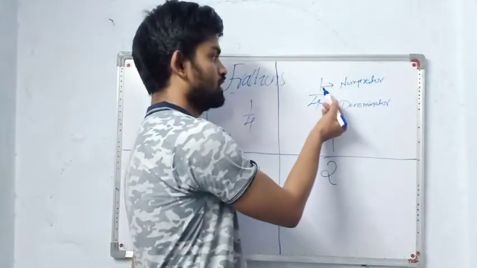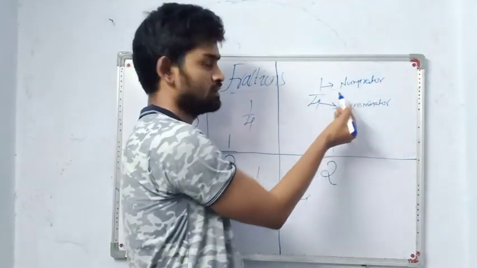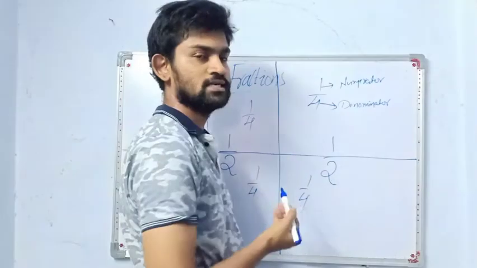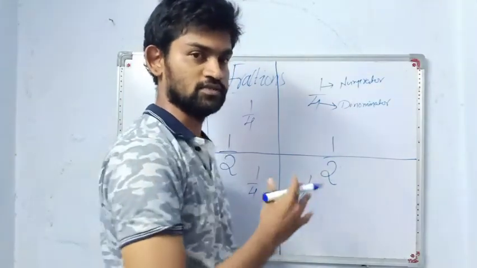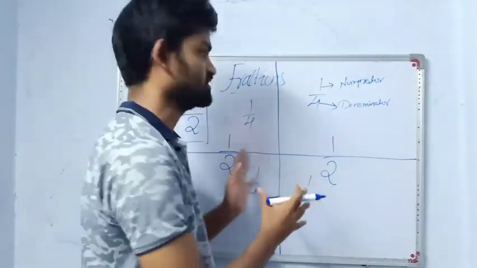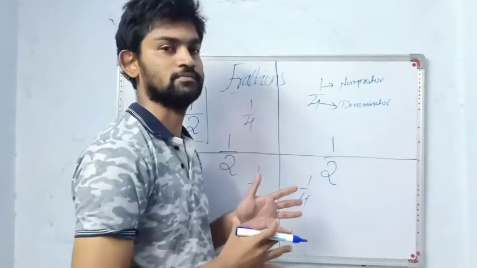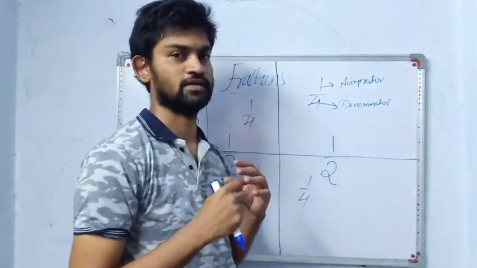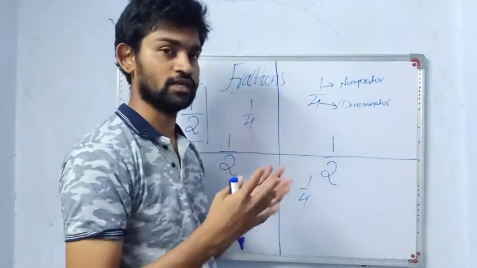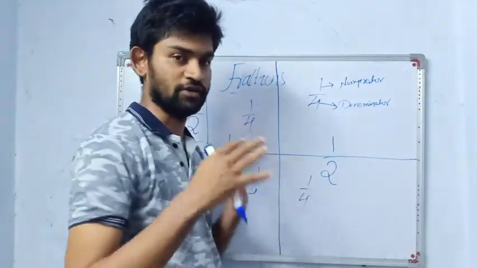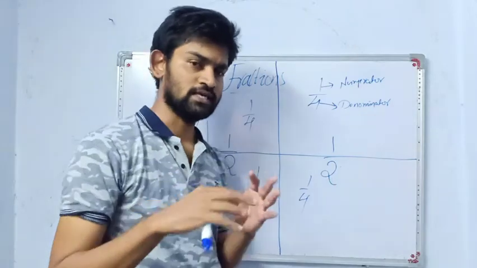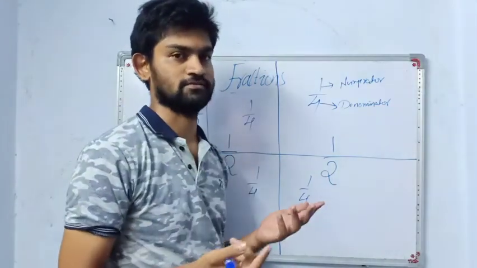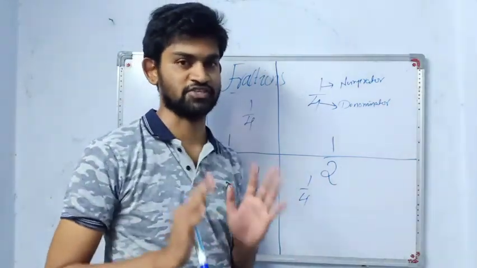So upper part is called numerator, lower part is called denominator. Now this is the introduction of fractions. This is how a fraction has come: dividing a whole thing into parts. If you divide a whole thing into parts, each part becomes a fraction. That is what a fraction is.